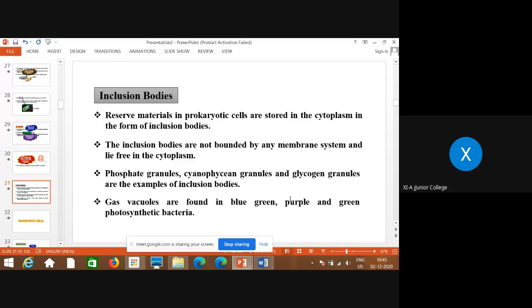They show gas vacuoles also. Again, I will show this diagram of gas vacuoles whenever we discuss the next part. Okay.